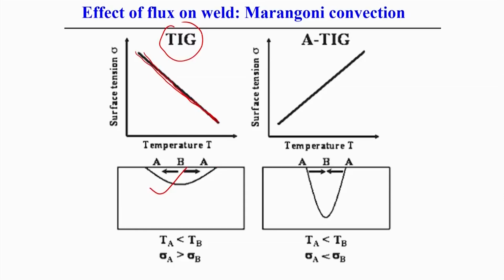But the other way in a TIG process, that means activated TIG, is if by any means it is possible to add some surface active elements within the base material.